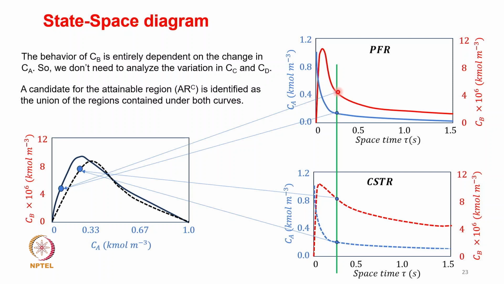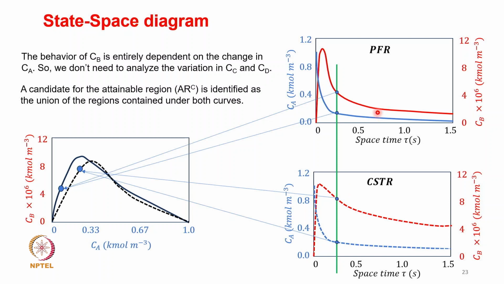For instance, this particular point would map into this point in the PFR. The solid line here represents the PFR curve, and the dashed line represents the CSTR curve. These two would now map as a single point over here, and the same for this particular point, which is at the same space time.